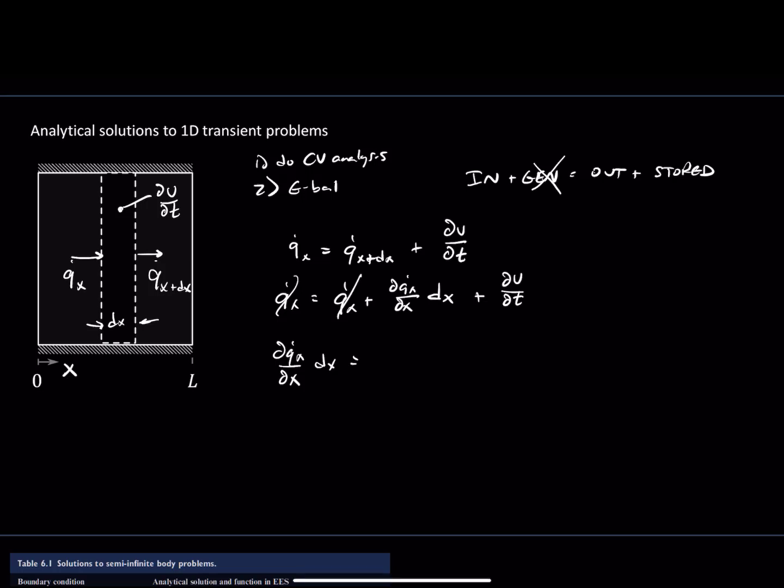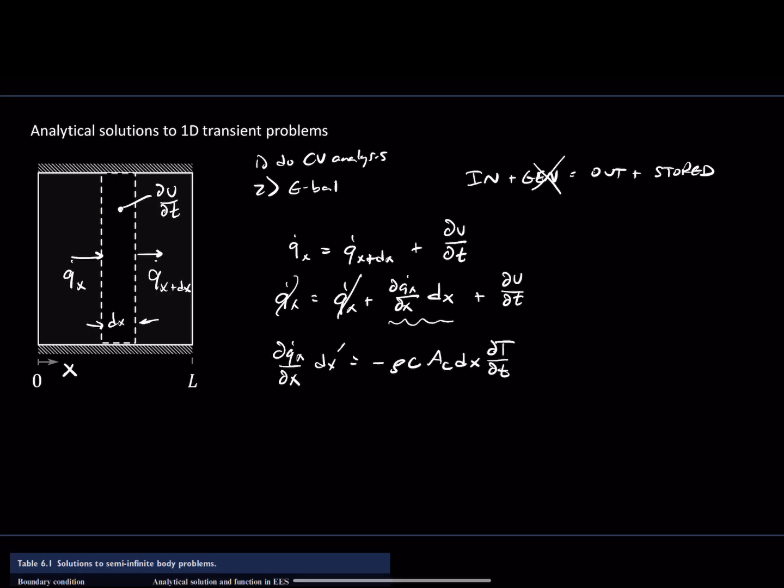So let's actually write an equation for internal energy. That's going to be minus, because we're bringing the Q dot x over to the other side, minus rho c times volume, which is A c times dx, the volume of that control volume, times the partial with respect to time. That was right.